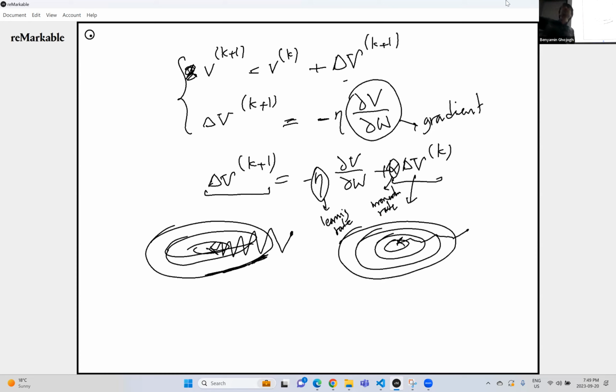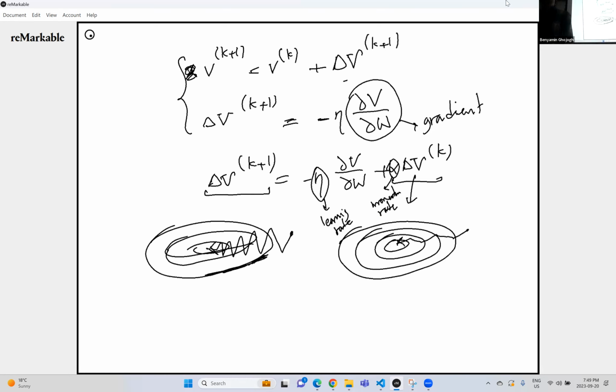By playing around with alpha and eta, you will get different convergence behavior. Why? Because the larger alpha is, the more importance you give to the previous memory. And the larger eta is, what does it do? Exactly, more exploration. Jump more.